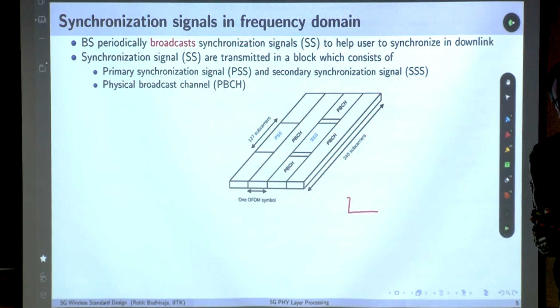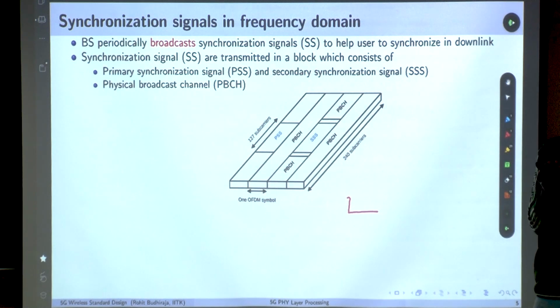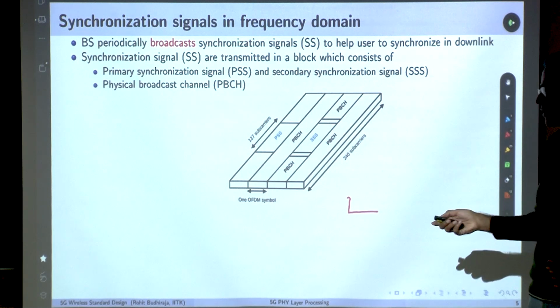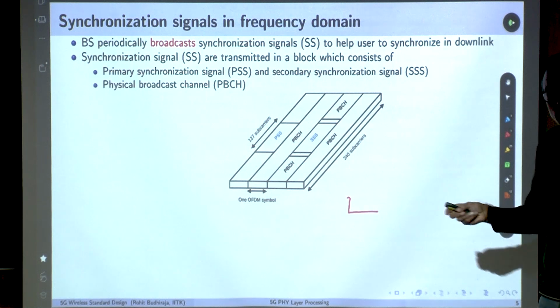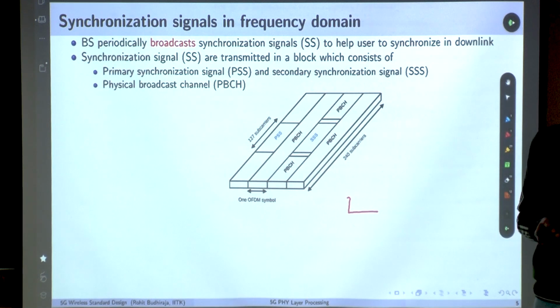The broadcast channel, like what other channels have we studied? PDSCH, PDCCH: physical downlink shared channel, physical downlink control channel. Correct. This is broadcast because this is system information which is broadcast to all the users.